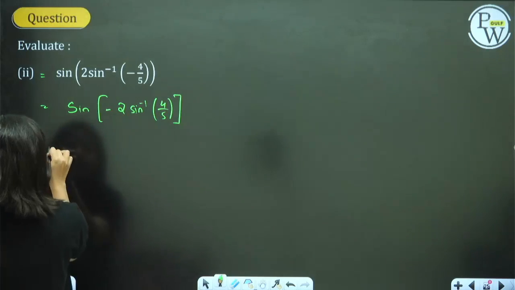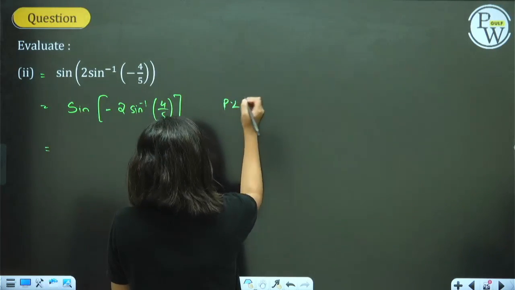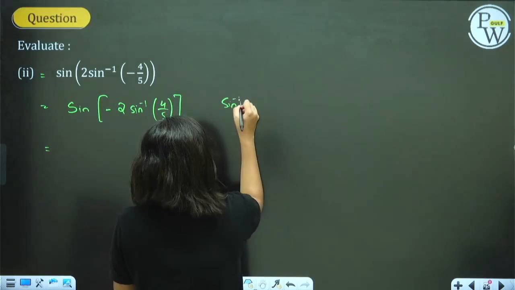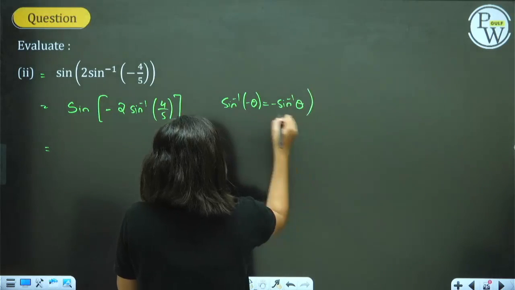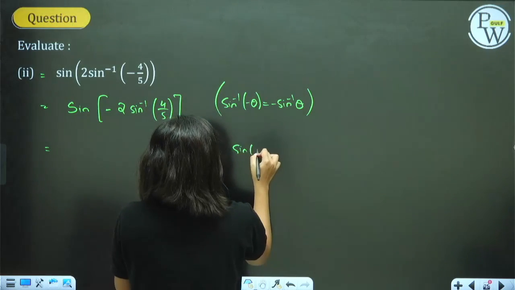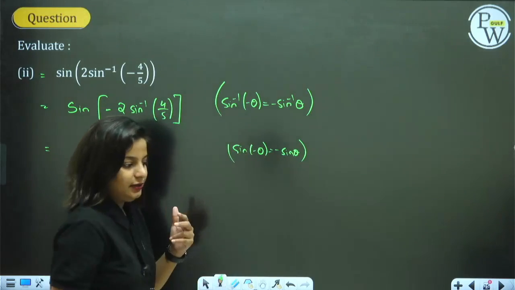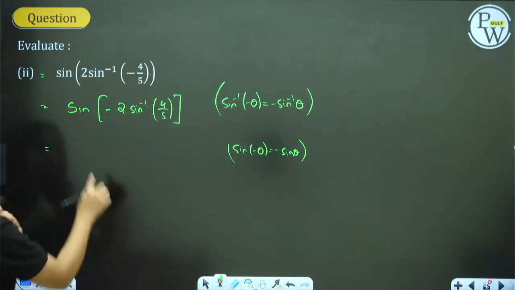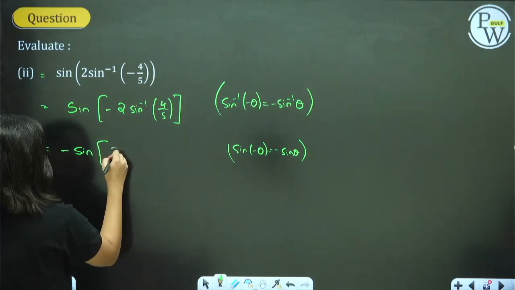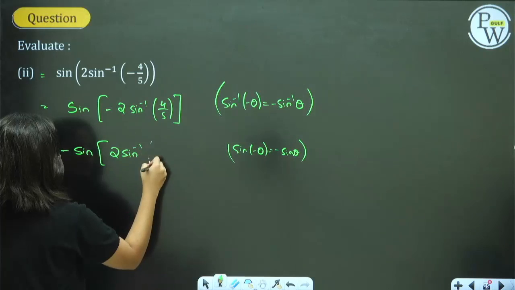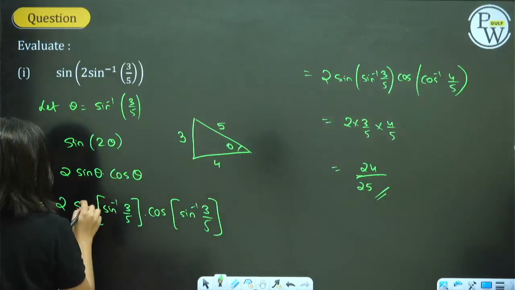Right? Okay. There is also one more property. Here we used property 2, which is sine inverse of minus theta is equal to minus sine inverse of theta. Another property, sine of minus theta is minus sine theta. Do you agree? Sine of minus theta is minus sine theta. So this minus will again come out and we'll be left with 2 sine inverse of 4 by 5. And this is now very similar to the question you just did, isn't it?